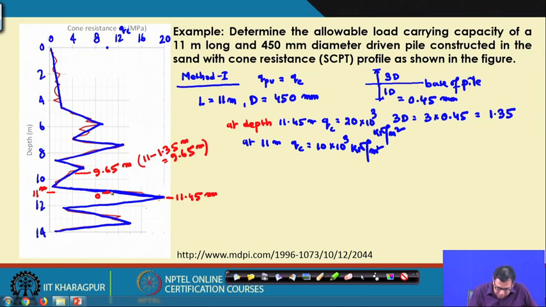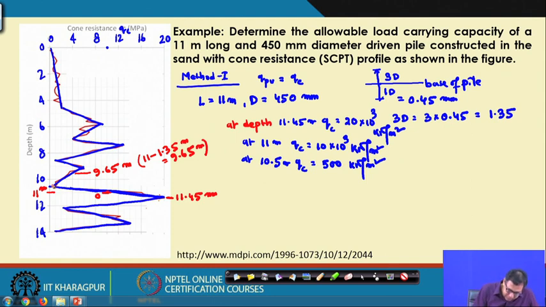So, from here to here there is a variation, then from here to here there is another variation. This value is at 10.5 meter, where the QC value is 500 kilonewton per meter square. That means this is 0.5 meganewton at this point.